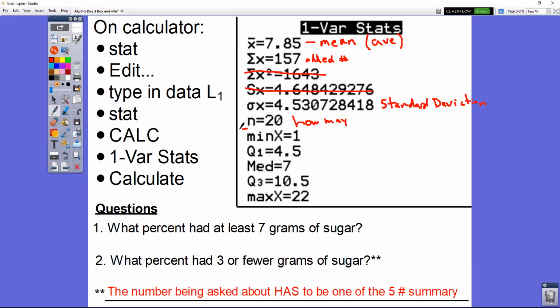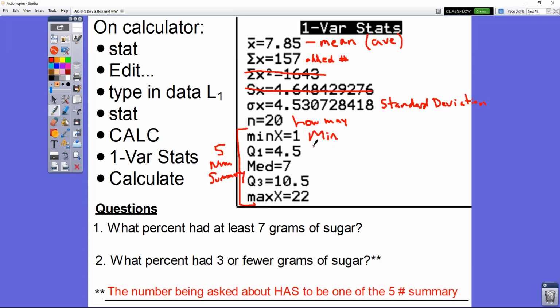And then we get to these 5 things. This is your 5-number summary. This is where you're going to get your data for your box and whisker plots. This is the min, so that's your lowest number out of your data.